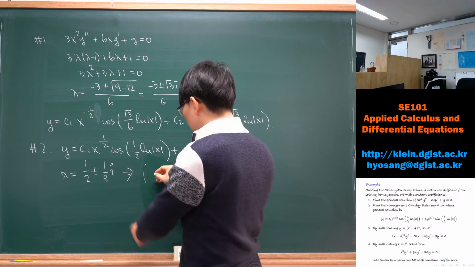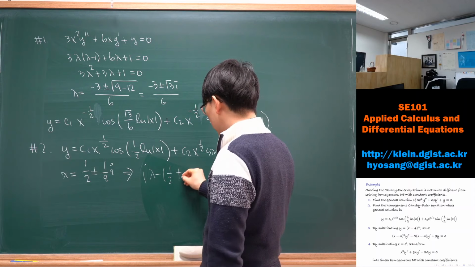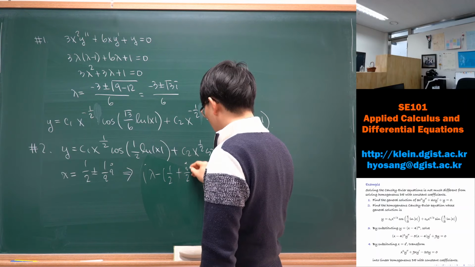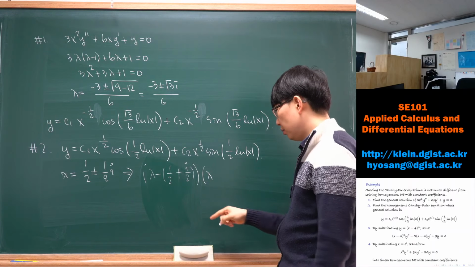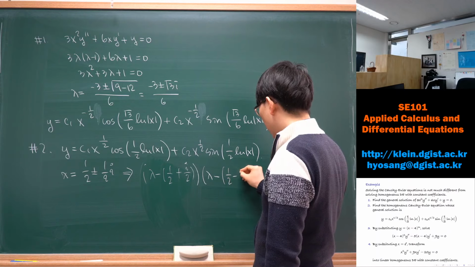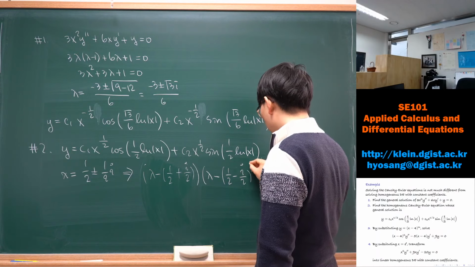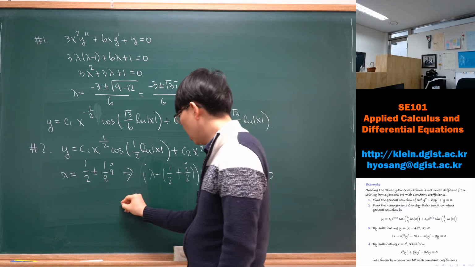These are roots, so the quadratic equation having these as roots is (lambda minus (1/2 plus i/2)) times (lambda minus (1/2 minus i/2)) equals 0.